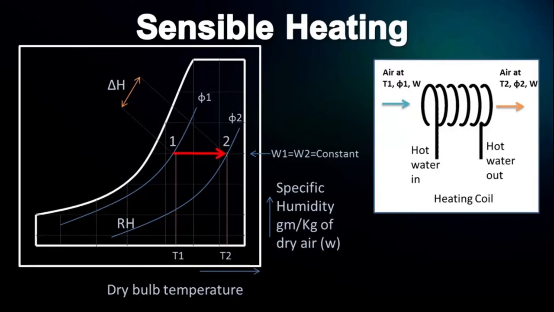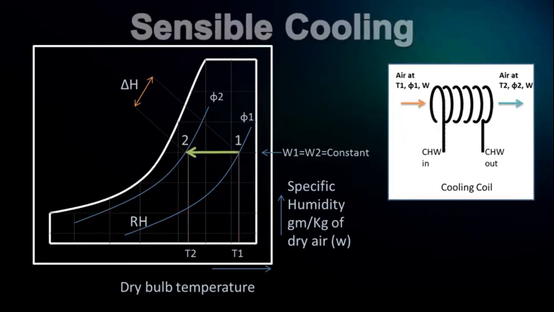Here, relative humidity decreases from phi1 to phi2. The heat added can be calculated by calculating the change in enthalpy shown in the figure. The process of sensible heating can be done by using a heating coil through which hot water is circulated. Air at temperature T1 passes over the coil and its temperature increases to T2.